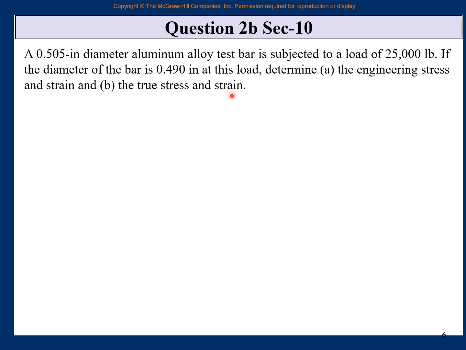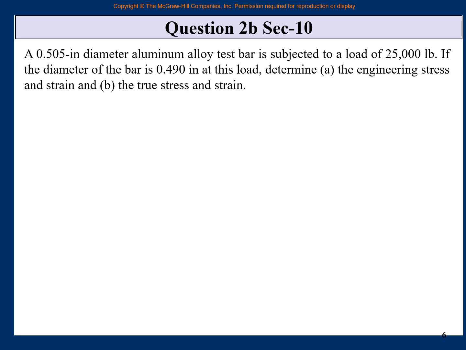True strain is ln of Li upon L naught, but that is not given, so the strains are not available yet. But remember that we told you the constant volume assumption: the volume does not change. Initial volume is equal to final volume. It is a cylindrical rod, so A naught L naught is the initial volume and Ai Li is the final volume. If you equate them, you can get the rest of the things.